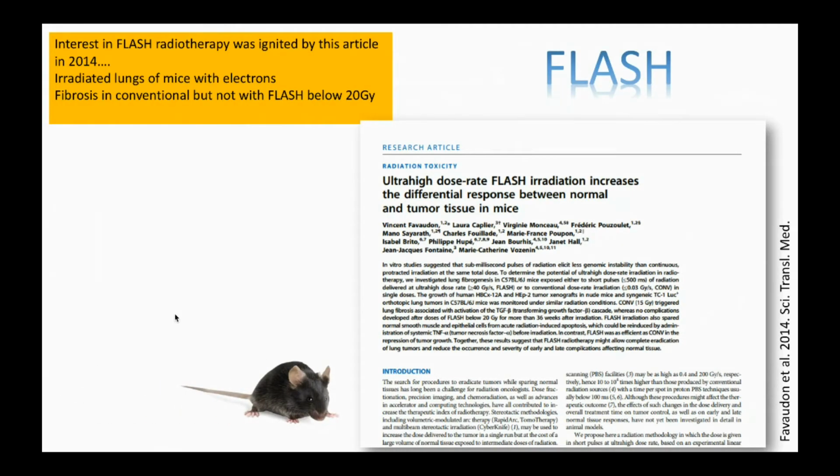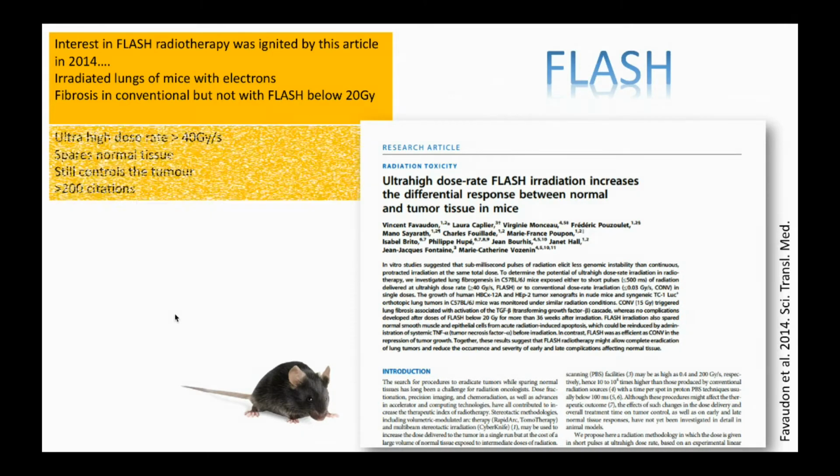So going on to FLASH. Interest in this subject really started in 2014 when Vincent Favaudon did some experiments with mice irradiated with high dose rate electrons, and noticed that for those which were irradiated at very high dose rates, typically above about 40 gray, below 20 gray, they didn't see the characteristic fibrosis which was normally seen with conventional radiation.